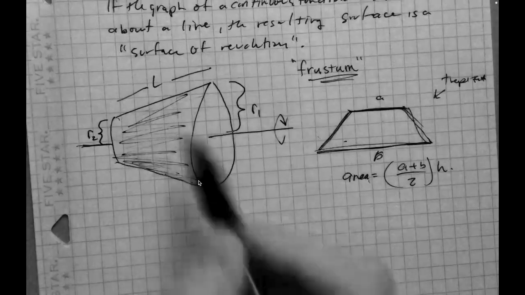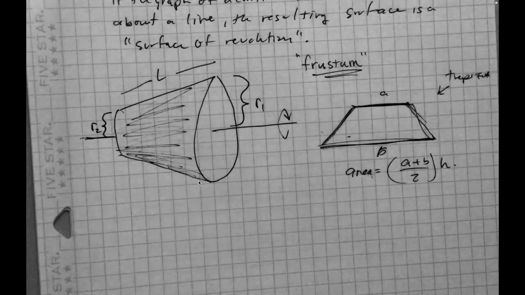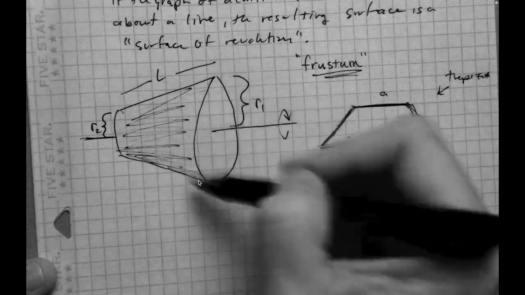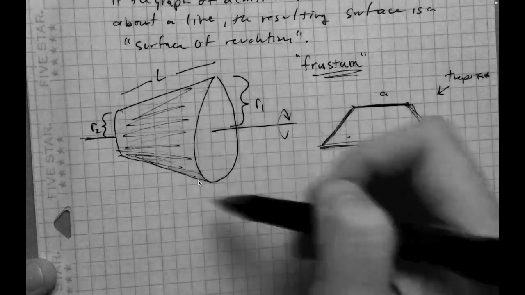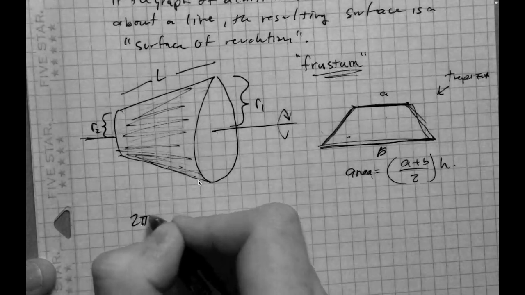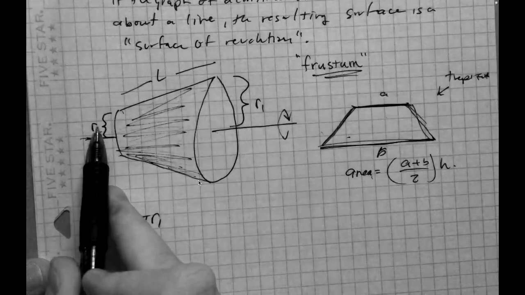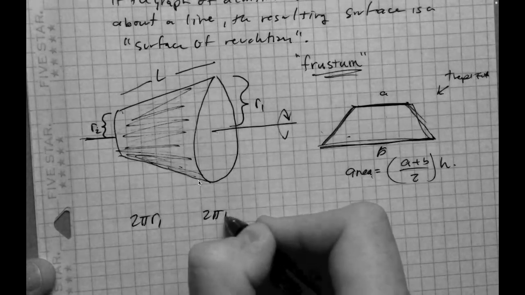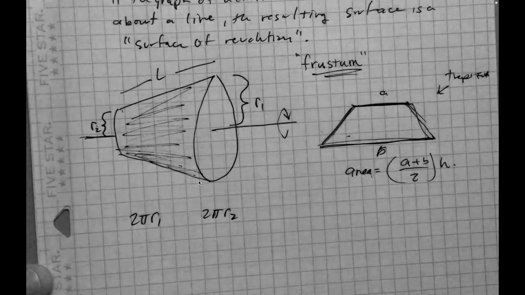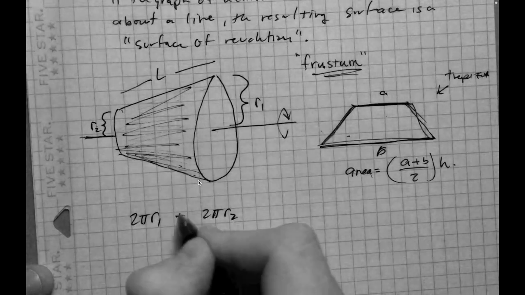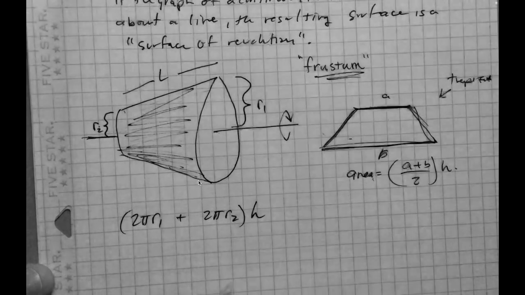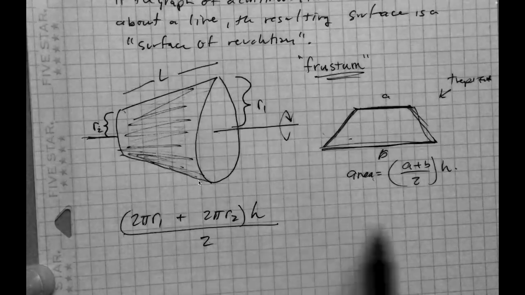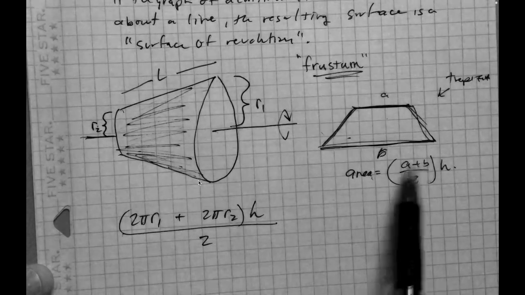They're obviously different. This circumference here would be 2 pi R1, and this circumference over here would be 2 pi R2. If we add those two together, multiply by the height, and divide by 2, then this is what we get. That's this formula.